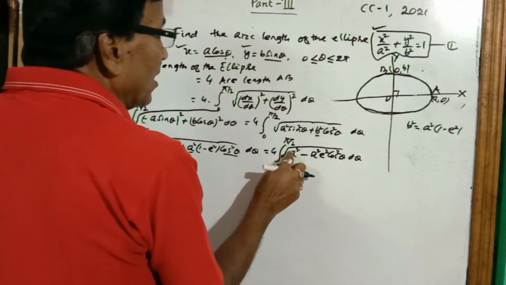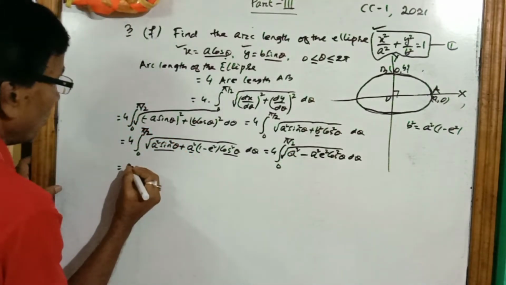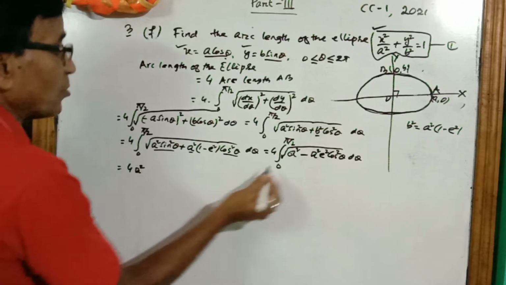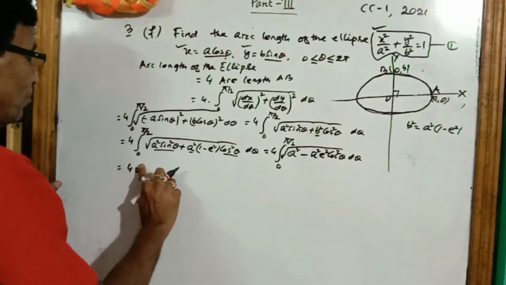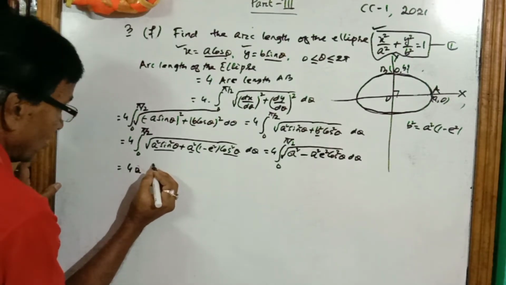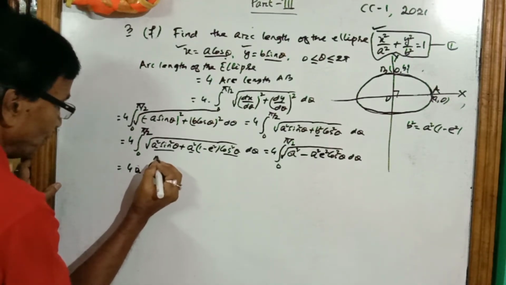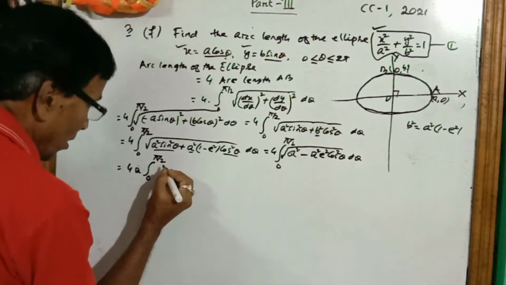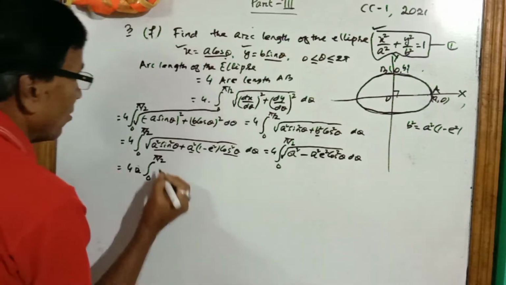Now taking a squared common, taking a squared out of the square root, it will be 4a definite integration 0 to pi by 2 of the root of 1 minus e squared cos squared theta.